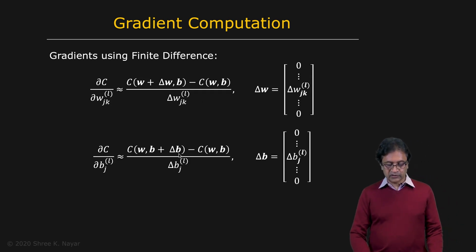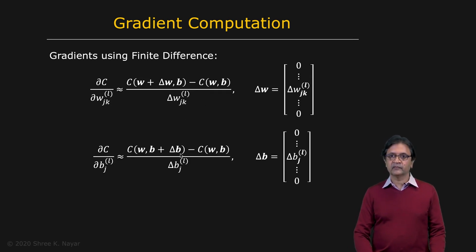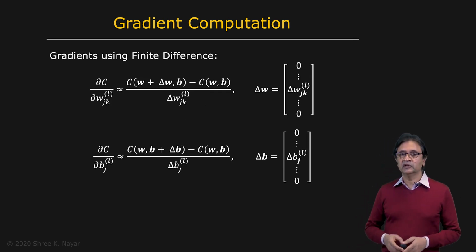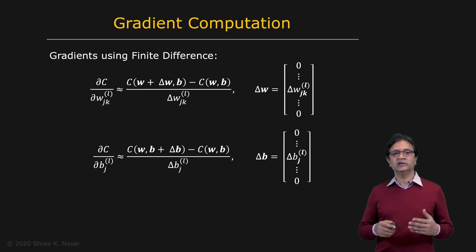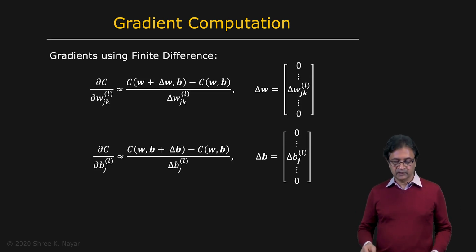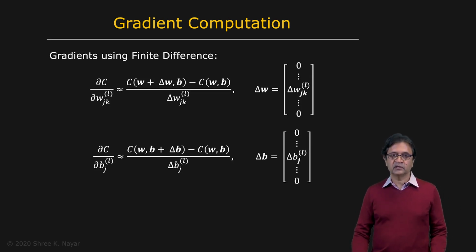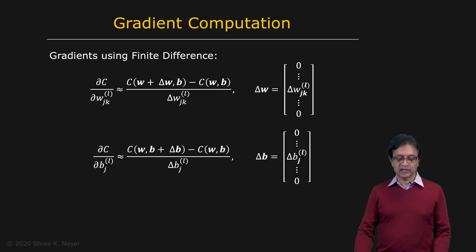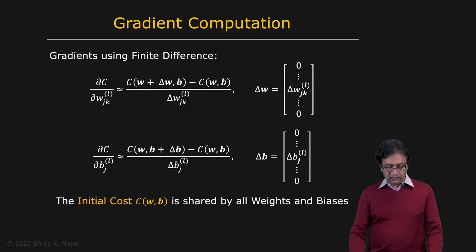This is just the definition of finite difference. And the same applies to the biases as well. So this is for weights, this is for biases. Okay, so that's very simple. Conceptually, and even algorithmically, it's extremely simple to apply gradient computation and gradient descent in general. Now, one thing to note here is that all the gradients end up sharing the initial cost right here.